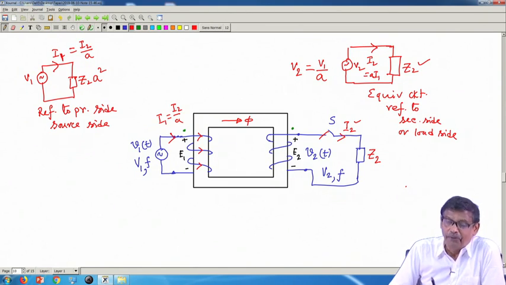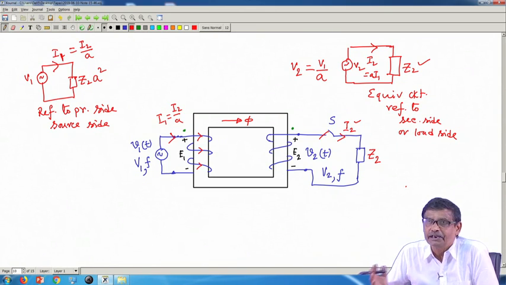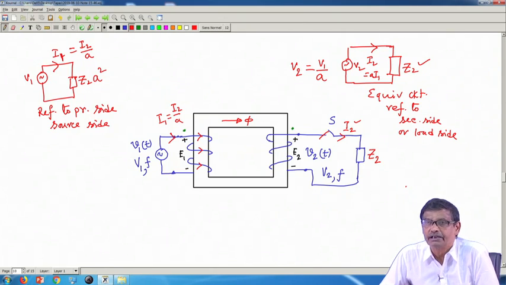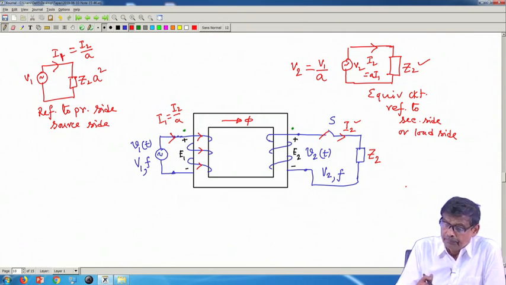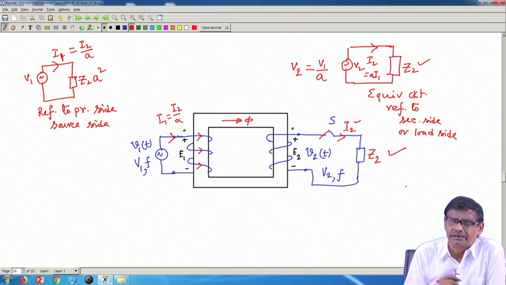Therefore, a transformer makes a given impedance appear as an impedance of different value. Of course, the phase angle of the impedance does not change. Therefore, this is the important thing, and the phasor diagram I have seen already.